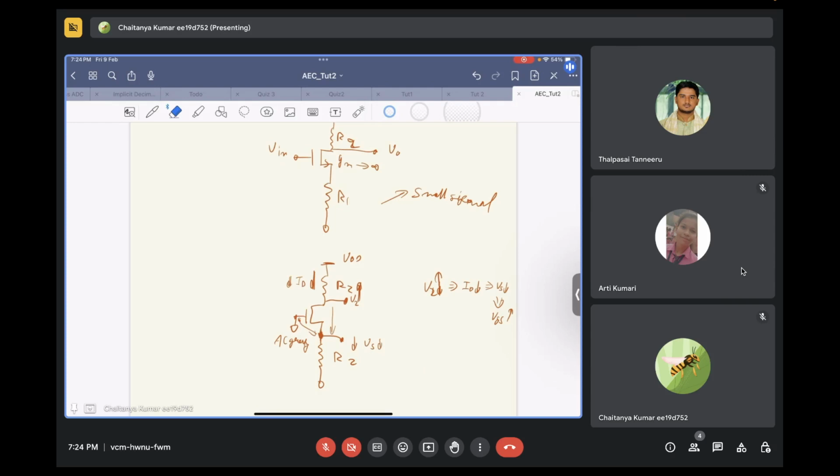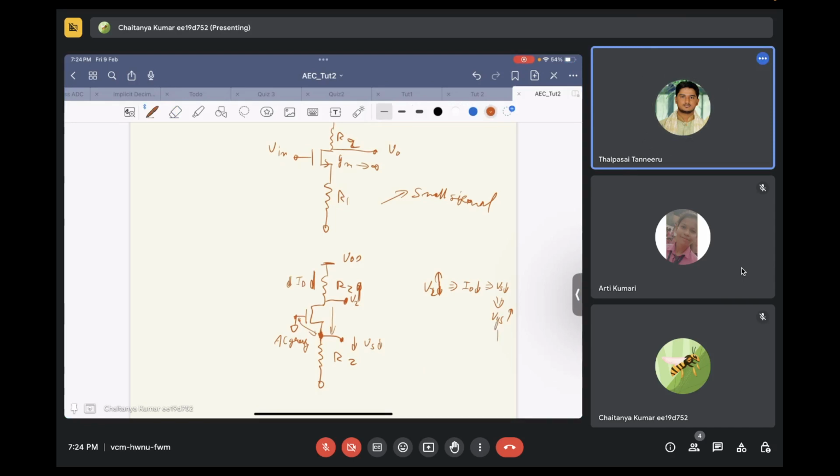So what happens if VGS increases? Even in small signal, what is the current? ID is equal to GM times VGS.